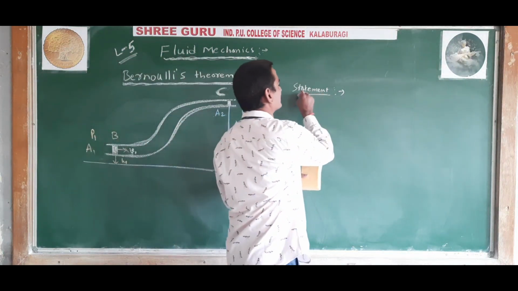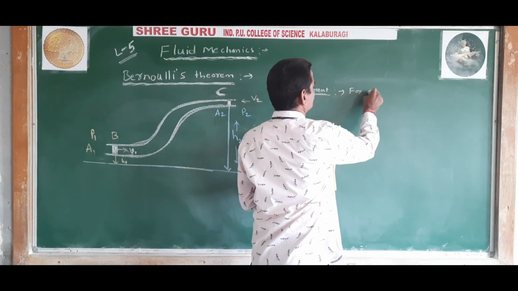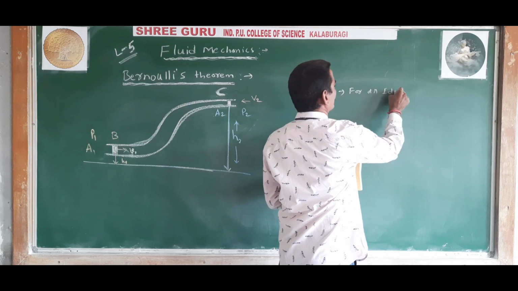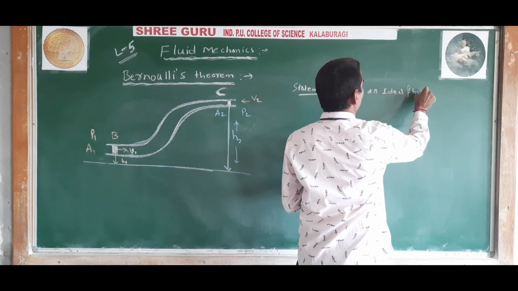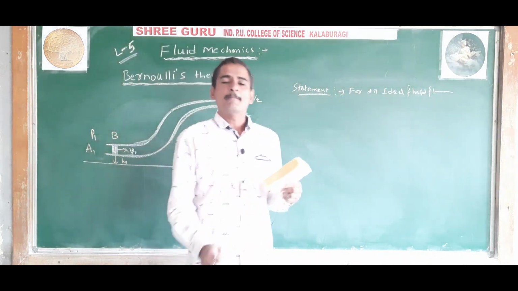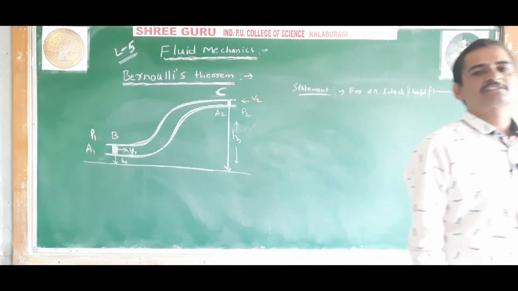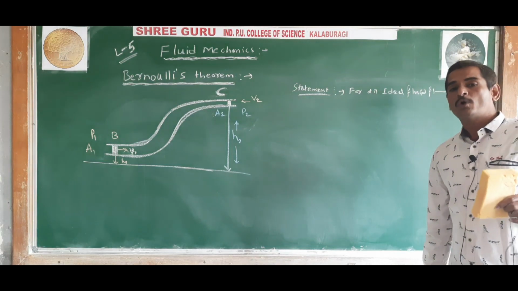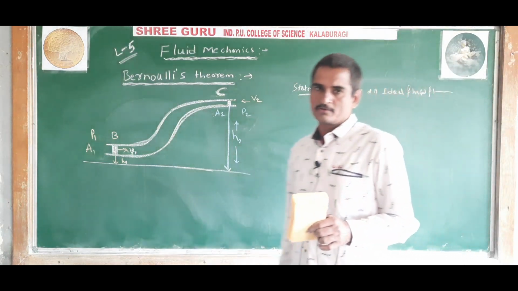So according to Bernoulli's theorem, for an ideal fluid having streamlined flow, the sum of pressure energy, potential energy and kinetic energy per unit volume will remain constant.